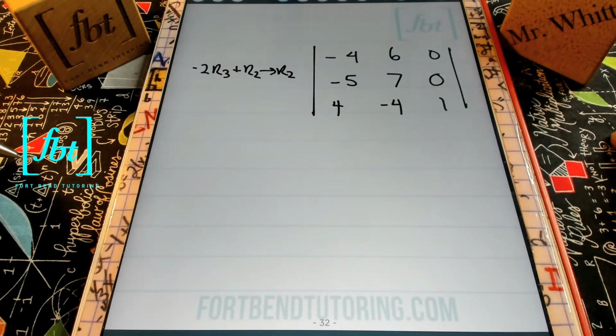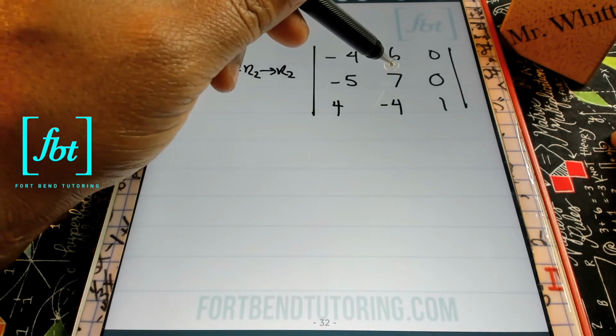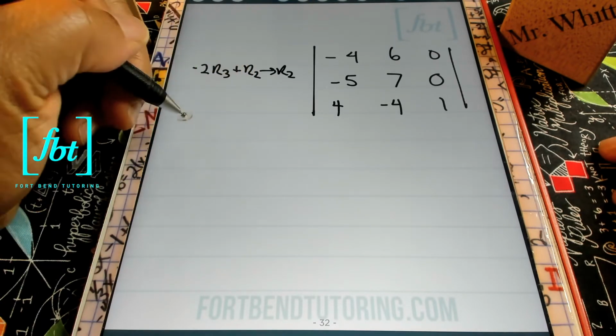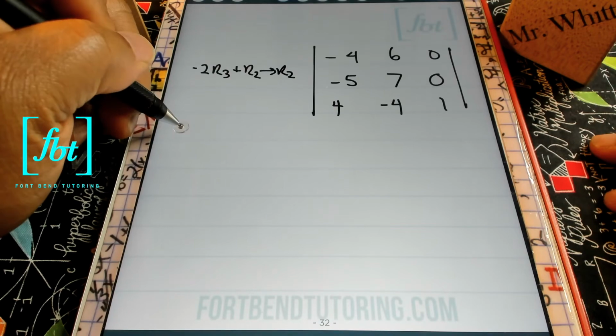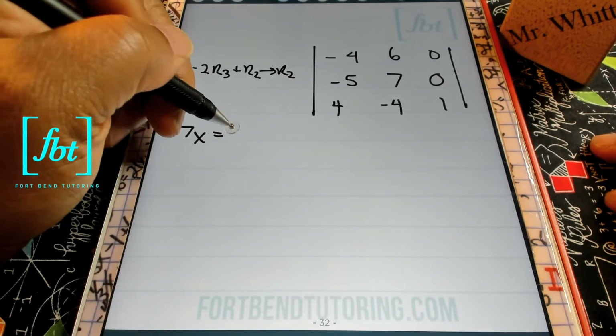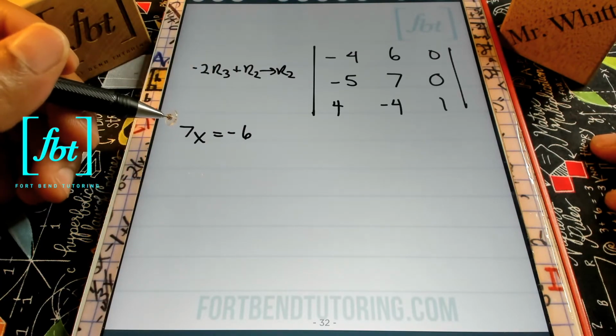Okay, for my next magic trick, I need to find out what value I need to multiply 7 by in order to make the opposite of 6 so that I can get that final 0 here. So remember, I'm going to use algebra to find that out if I don't already know it. I'll have 7 times some number needs to equal negative 6 in order for me to cancel out that positive 6 in the first row.